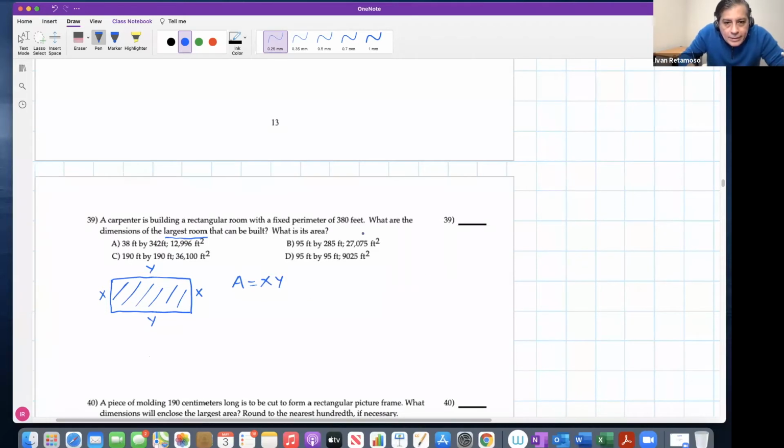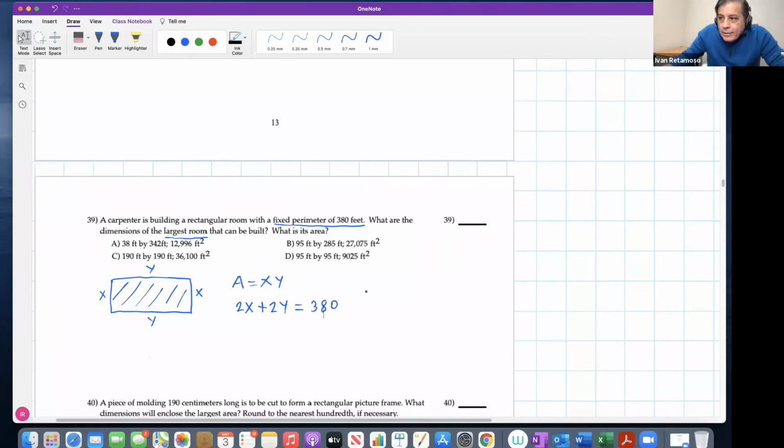But there is a constraint. The constraint is that the perimeter must be fixed, no matter how you design this rectangular room. The perimeter, which is going to be x here, twice x, plus y here, twice y, should be equal to 380 feet. This is the constraint.